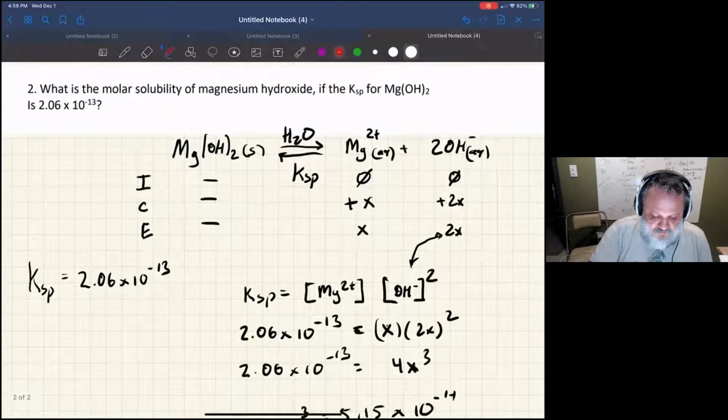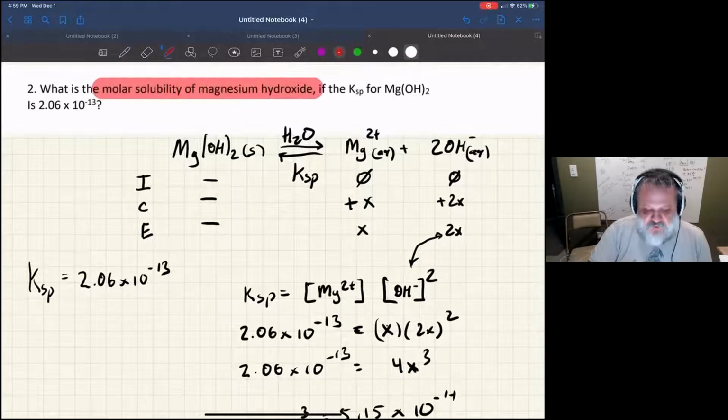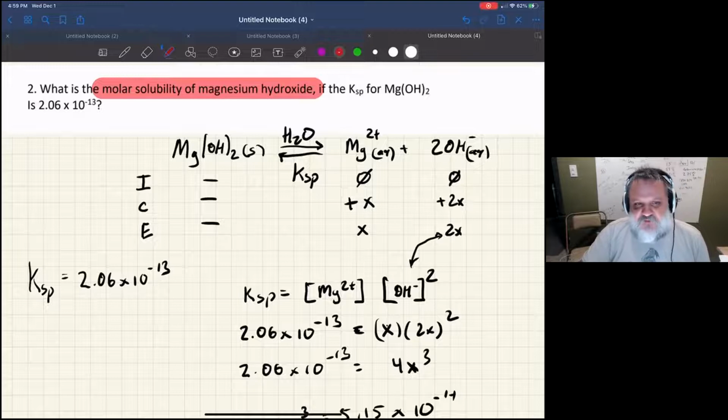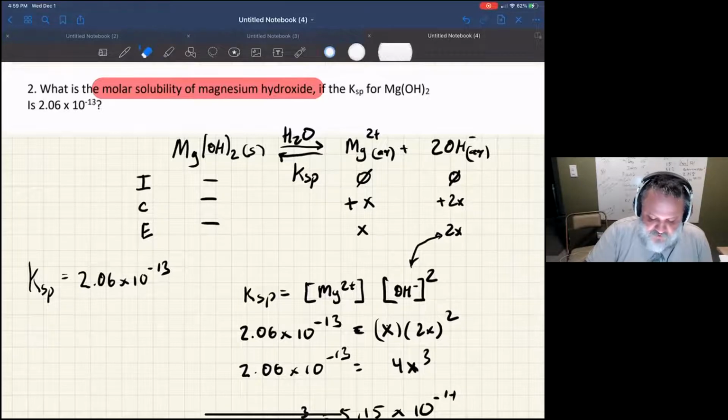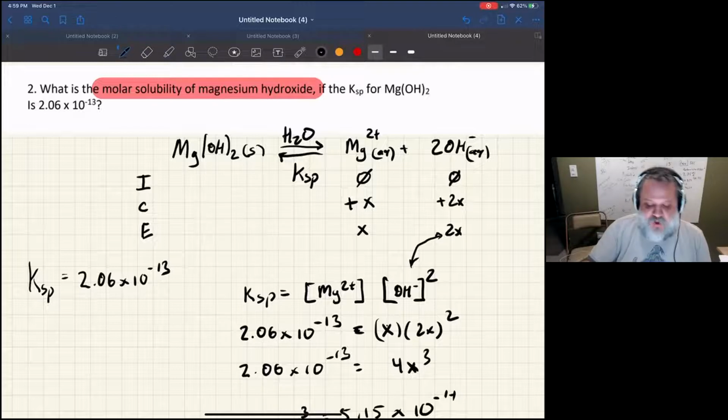Okay, the question is asking me about the molar solubility. What is the molar solubility of magnesium hydroxide? Well, what is the molar solubility? This is where having magnesium hydroxide being a solid is a little bit confusing. So let's start off with this particular problem and do an explanation. Let's just pretend for a moment that we would include magnesium hydroxide.